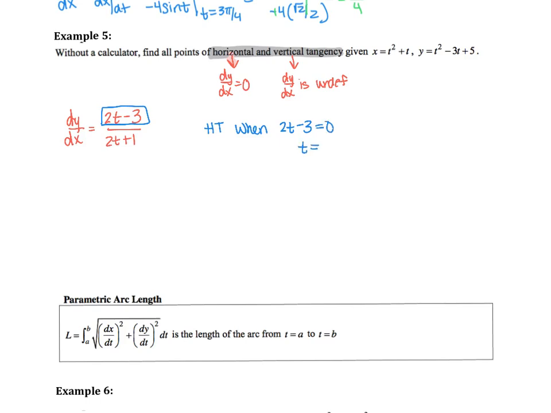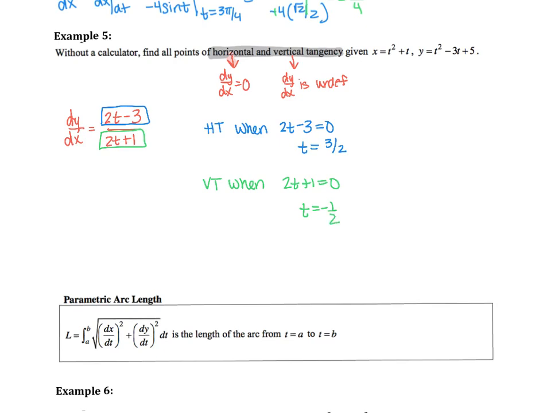So that would be when t is equal to 3/2. And then I just need to check that 3/2 doesn't make my denominator 0, which it doesn't. My vertical tangent is going to be when the denominator is equal to 0, and that would be t equals -1/2.